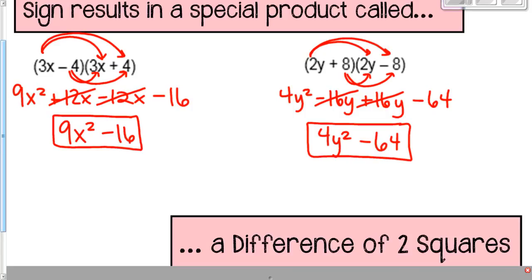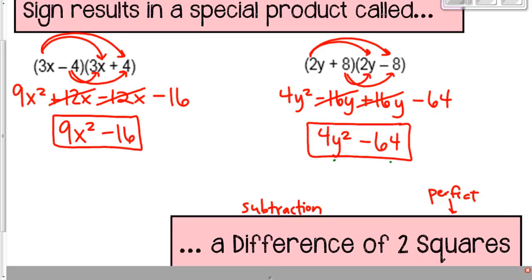And again, if I dissect this a little bit, a difference, as in subtraction, right? If you look at my two answers up there, you'll see they're both subtraction. That is no coincidence. And then of two squares, honestly, I would say a difference of two perfect squares. So we have two perfect squares here. 4y squared, 64, they're being subtracted.